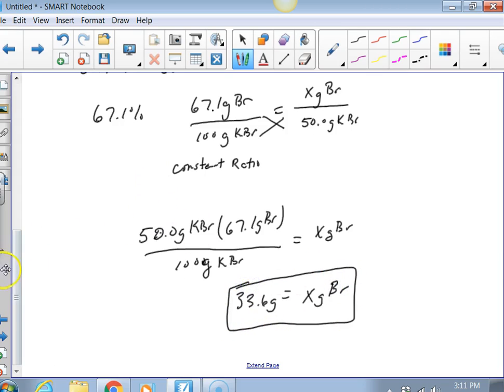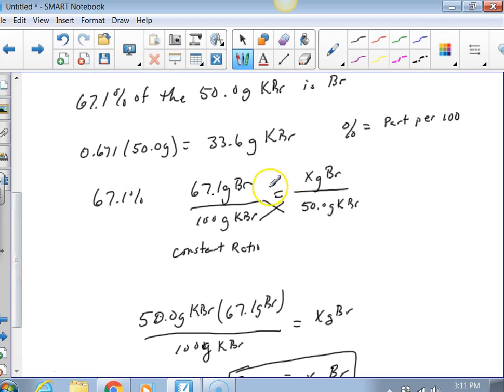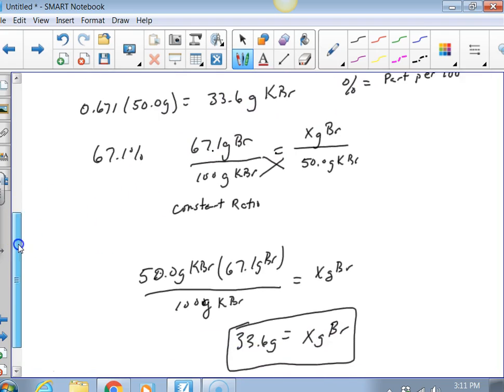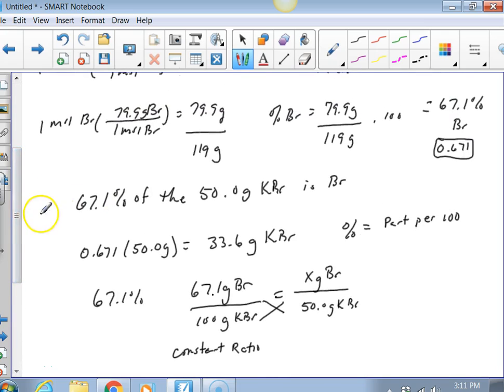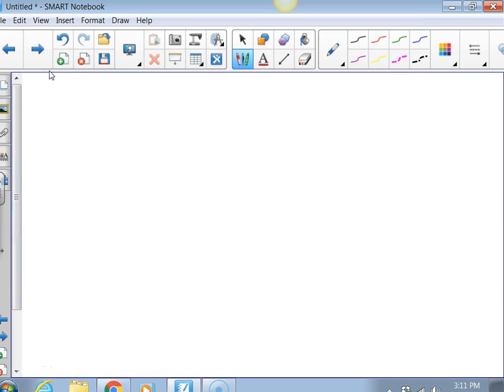Either way, we get the same answer. And there are other ways that you could see setting this up also from the standpoint of solving a percentage. Okay, so again, 33.6 grams is the answer. I'm going to have a tendency to go with moving the decimal and solving.